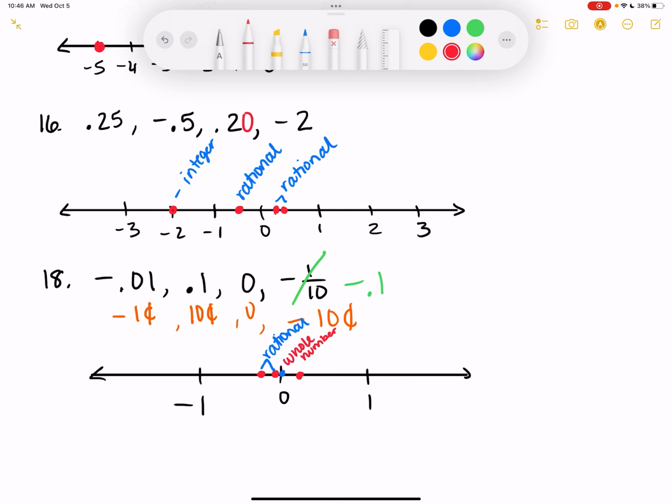You could also just say an integer. 0 is a number that's not positive or negative. It's funny, sometimes I'll ask my other classes, all right, is 0 positive or negative? And they're like, positive. And I'm like, nope, it's neither. So you'll be ready when you get me later on and I ask you that question. And what would 0.1 be? Rational.